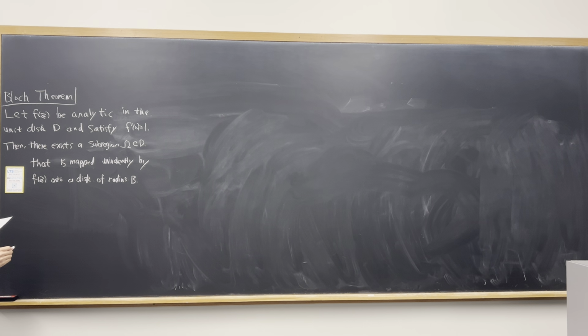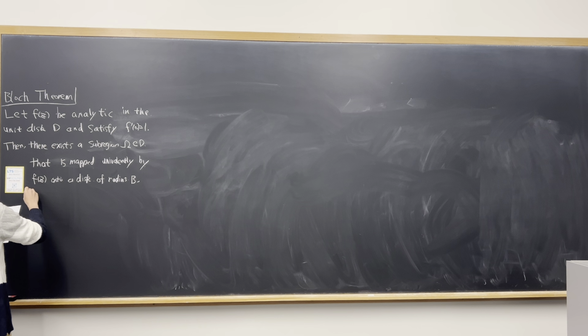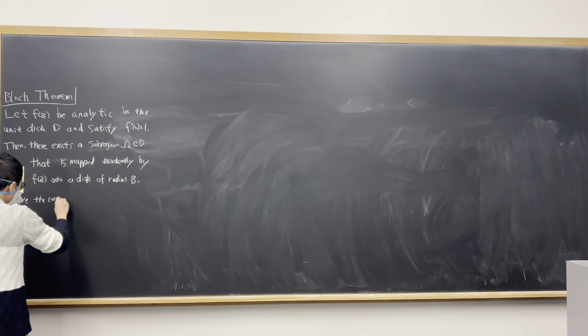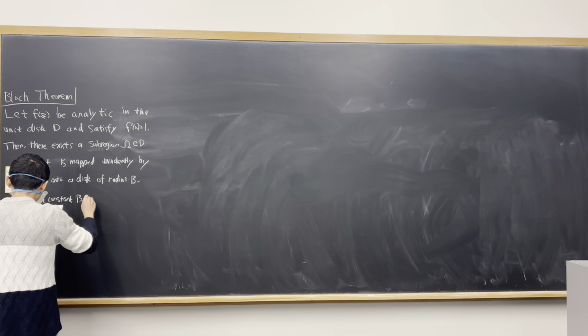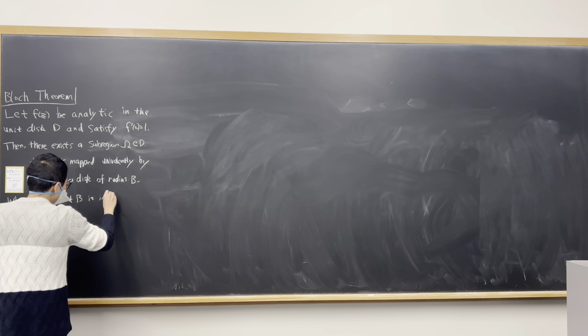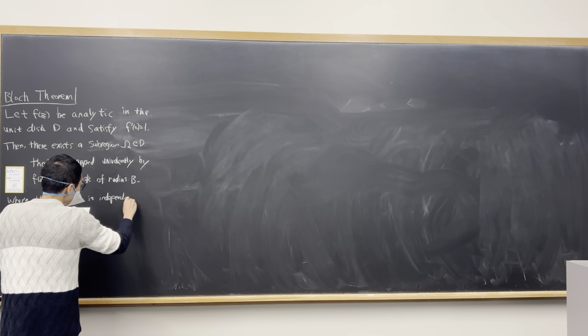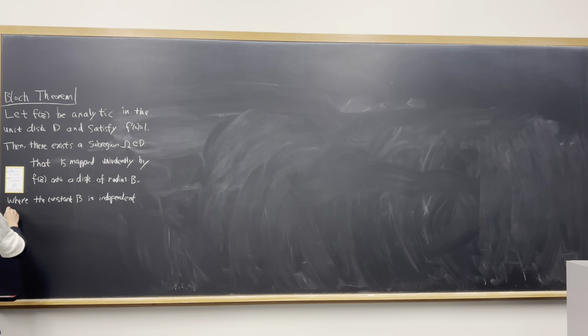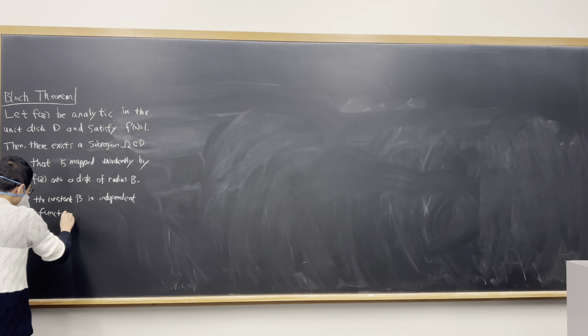Usually by adding onto a disk of radius b, where this constant b is independent of the function f.